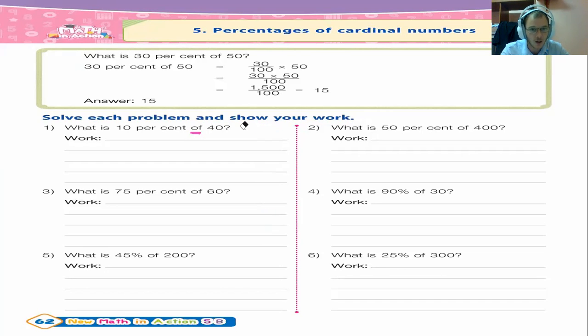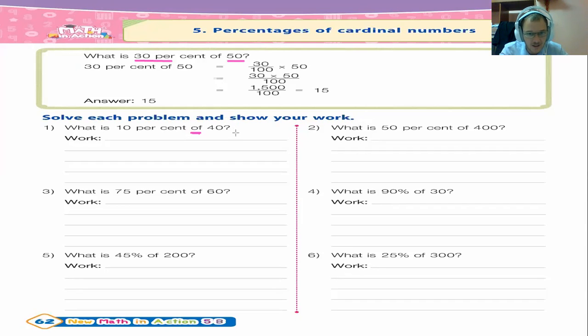So how would we calculate this? Let's look at the example first to give us an idea. So they say, what is 30% of 50? So we know 30%, if we have to write the percent as a fraction, we have to write it over 100.